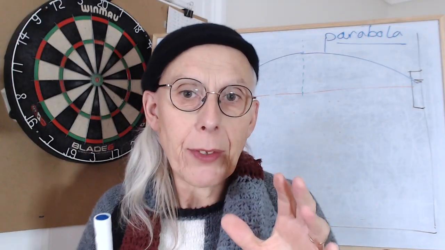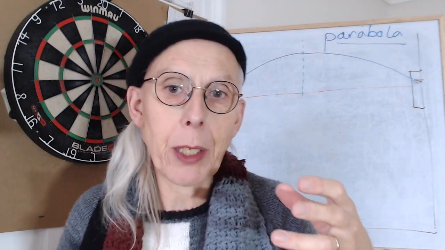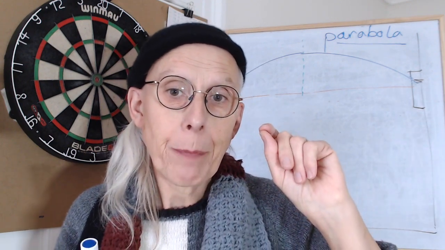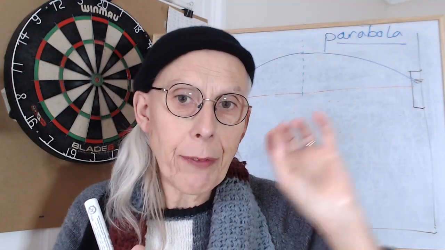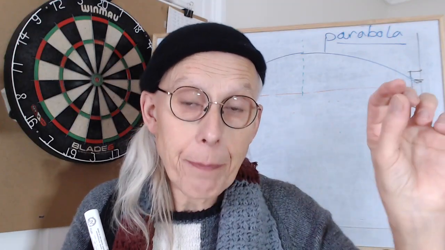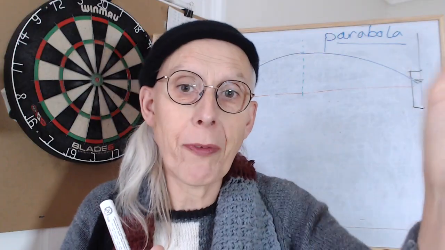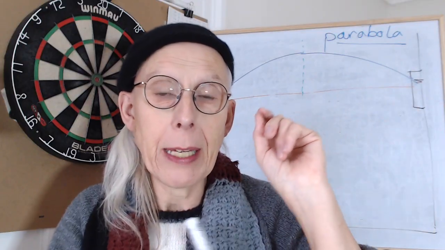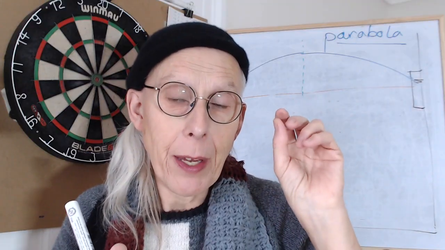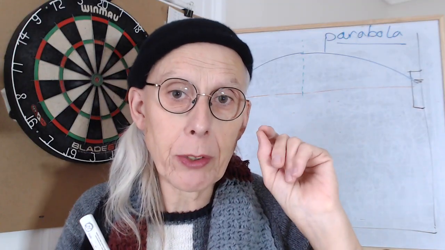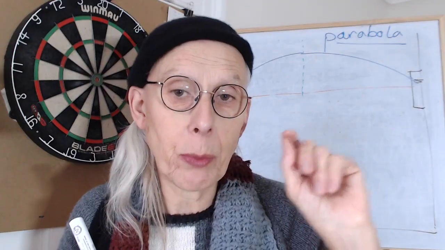What that means is that if I went, say, from a 20-gram dart to a Ryan Searle 32-gram dart, because the mass of the dart has gone up a fair amount, in order to deliver that dart with the same speed, I'm going to have to put a little bit more oomph into my throw. So I need a bigger impulse in my arm to get the Ryan Searle dart at the same speed as the lighter 20-gram dart.